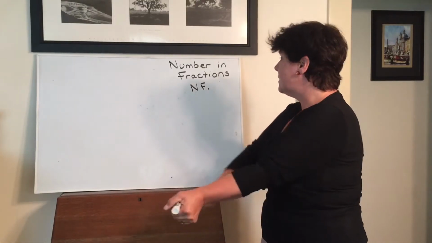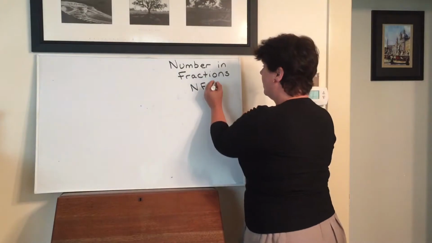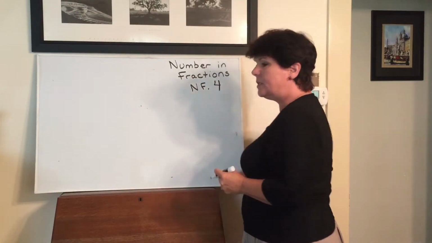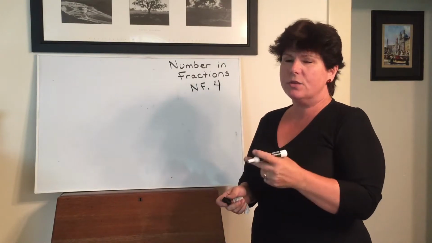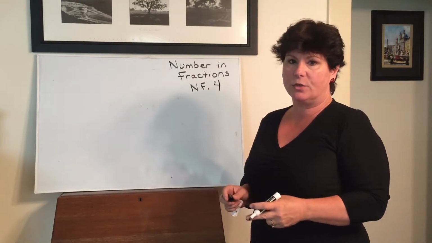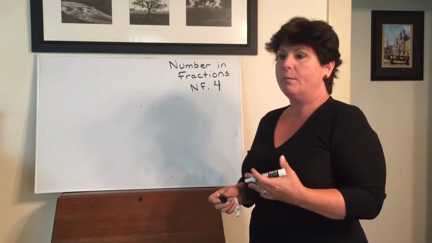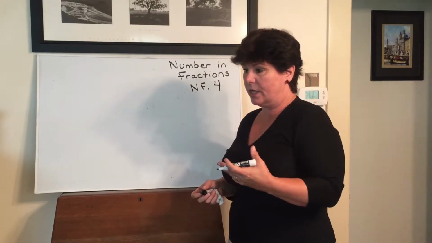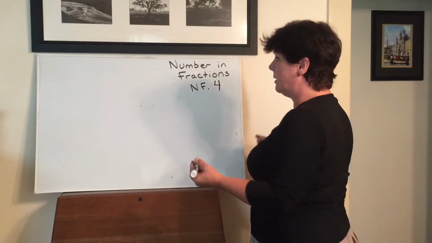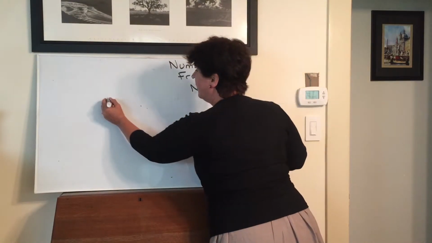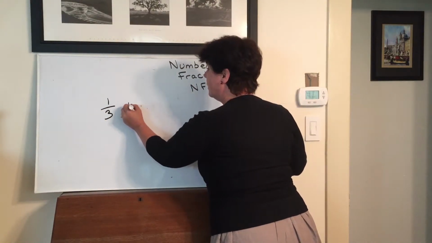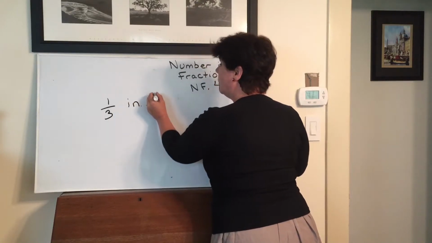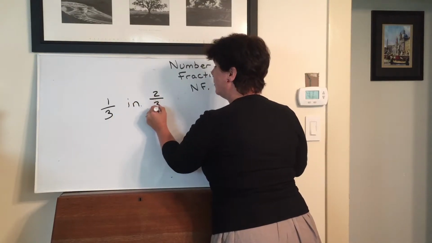So the next skill is numbers and fractions 4. And now we start to deal with fractions in multiples. And we use the word multiples before we use the word multiply, because the first thing we want them to understand is if I were to say something like, how many 1/3 are in 2/3?